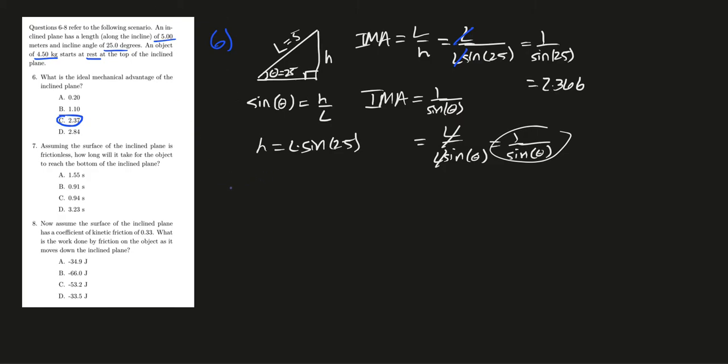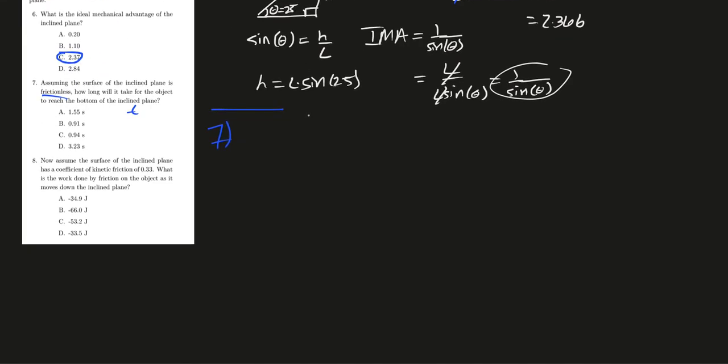Okay, on to question 7 now. Assuming that the surface of the inclined plane is frictionless, how long will it take for the object to reach the bottom of the inclined plane? So we're asked to solve for the time it'll take. So to solve for the time, we have to use kinematics.